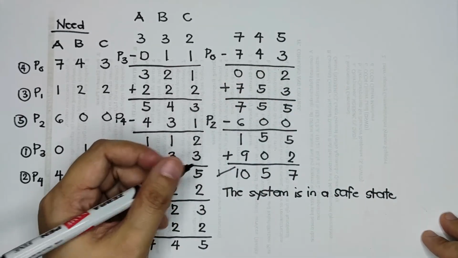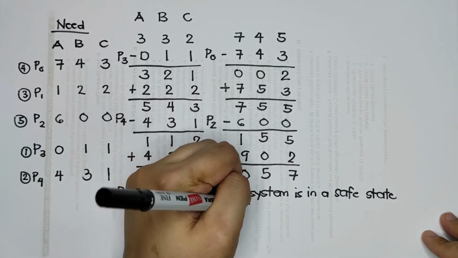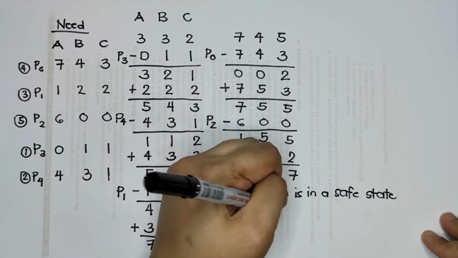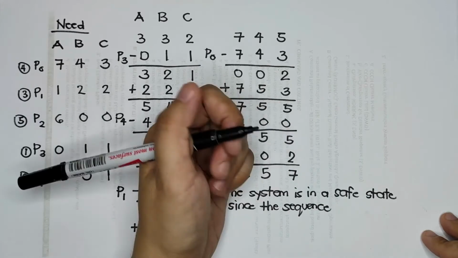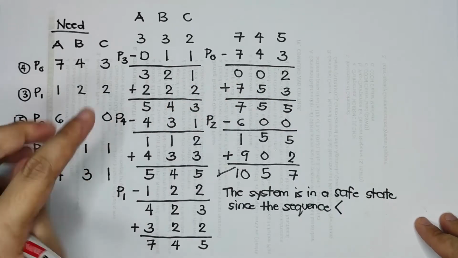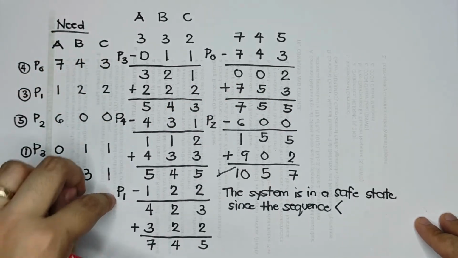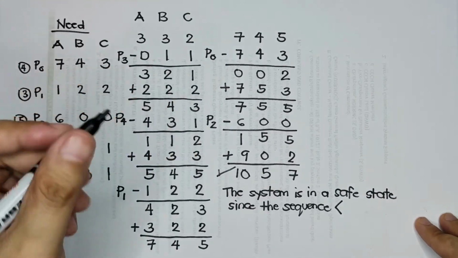Okay, safe state since the sequence, okay, we have P sub 3, P sub 4, P sub 1, P sub 0, and P sub 2.